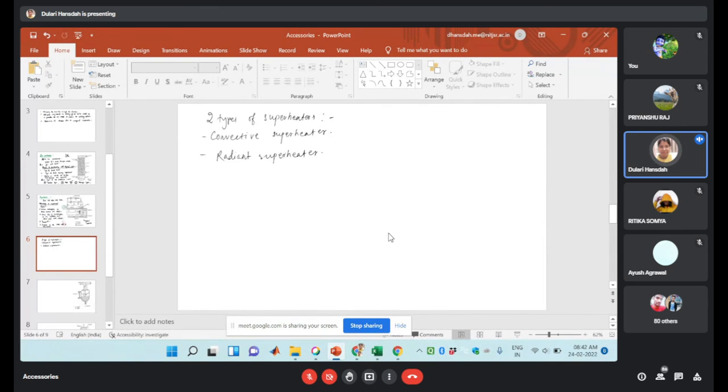The convective superheater makes use of the heat in the flue gases, whereas the radiant superheater is placed in the furnace and the wall tubes receive the heat from the burning fuel through the radiant process.